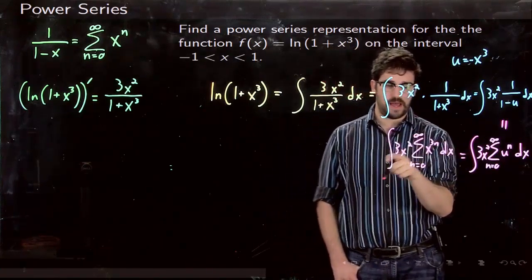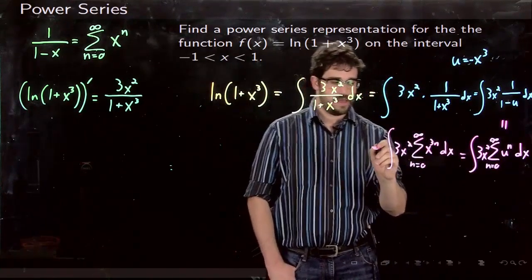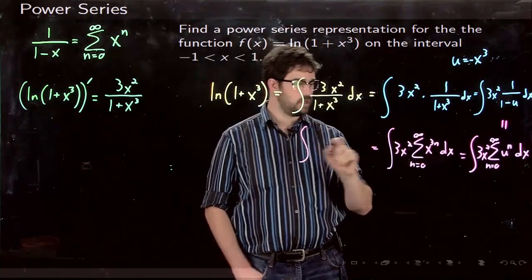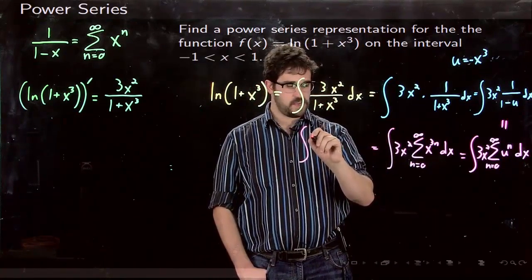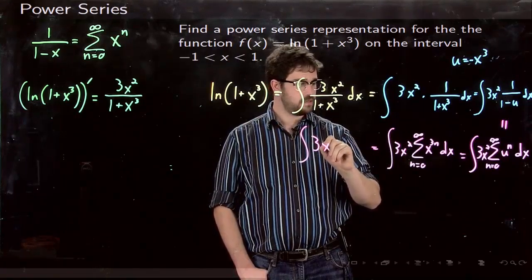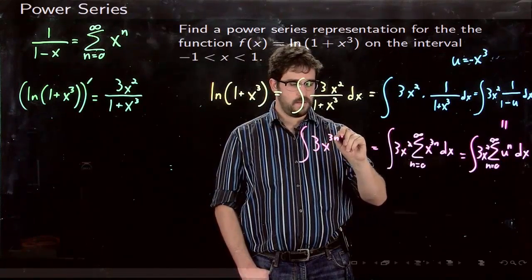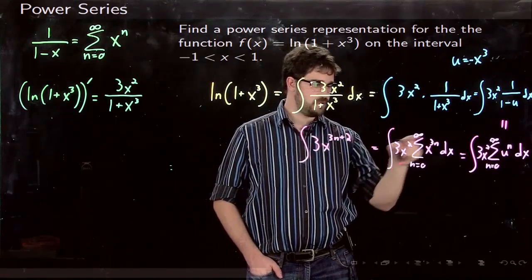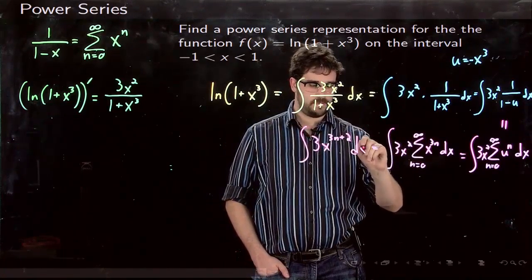Now when we multiply in, we pull this in, and we're going to get the integral of 3x to the 3n plus 2, right, dx.